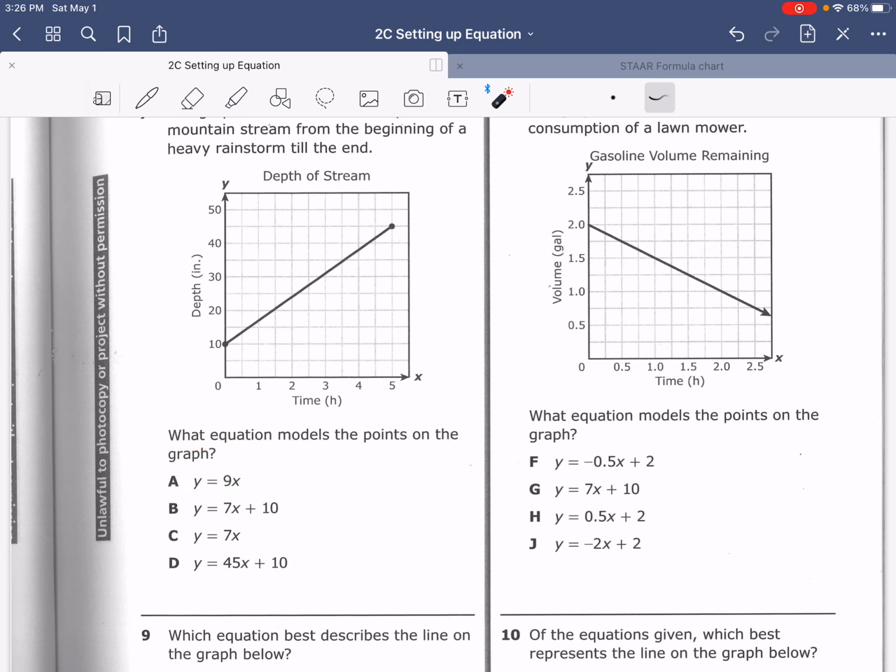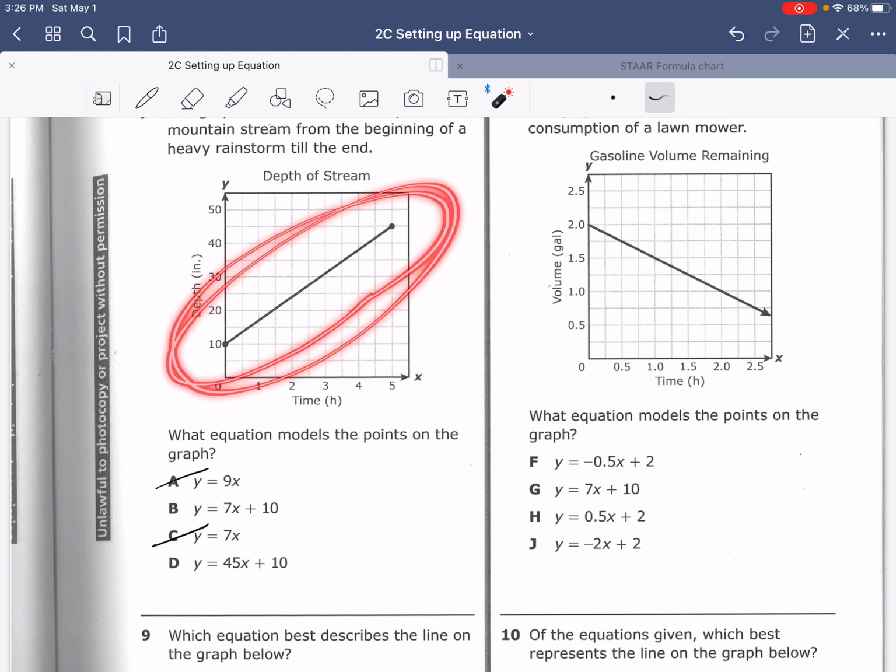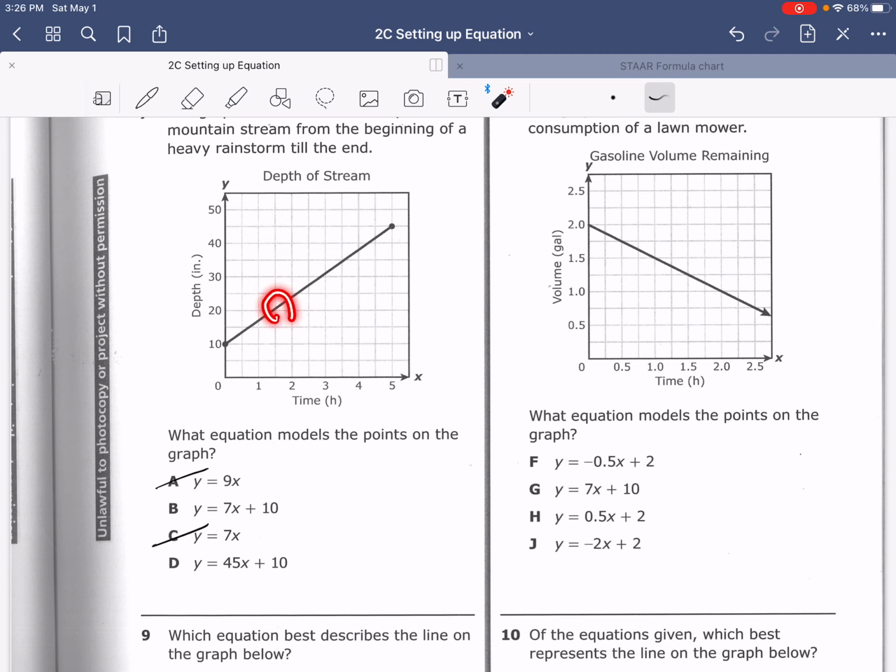Again, pretty simple. We have a y-intercept of 10. So this one and this one have a y-intercept of 10. So it's going to be either B or D. Now, what would you want to do? Would you like to find 2 points? This one is not a point because it's a little bit off, but technically we have to use these 2 points.